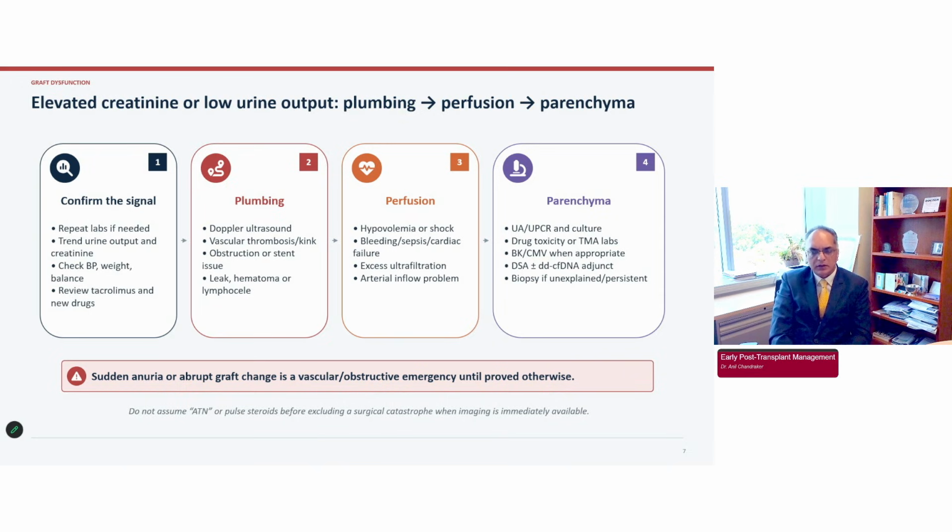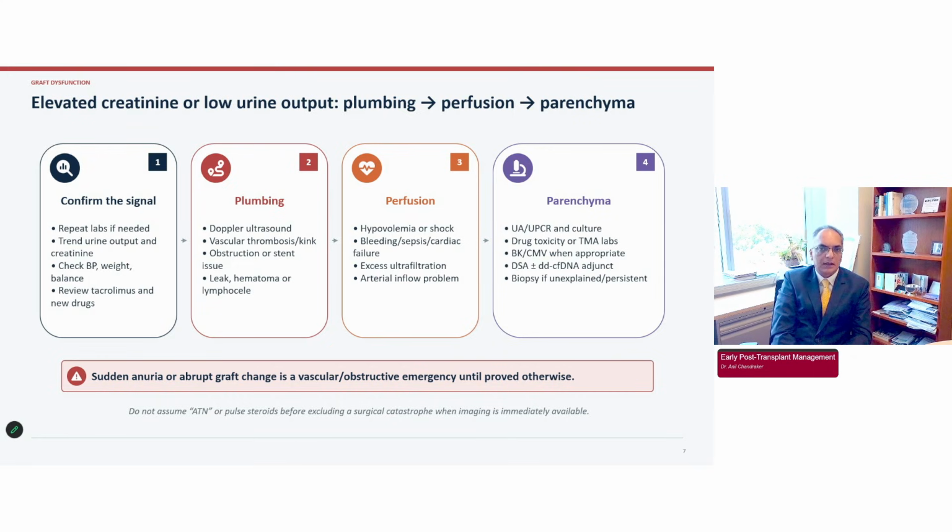There may be perfusion issues like decreased volume if the patient has diarrhea, or if they're urinating a lot and the volume has not been replaced, or they have shock for other reasons, or if they have bleeding, which is causing hypotension, or maybe they have had excess ultrafiltration on dialysis.